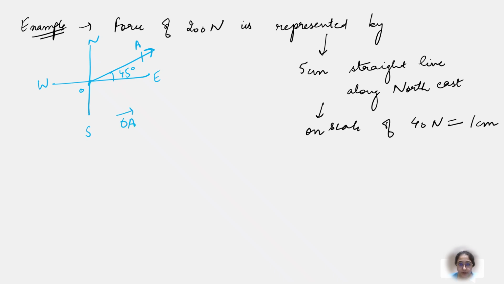OA vector represents force of 200 Newton along northeast direction. And the length of this straight OA line is 5 centimeter.